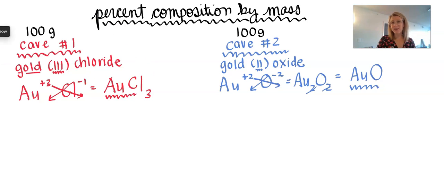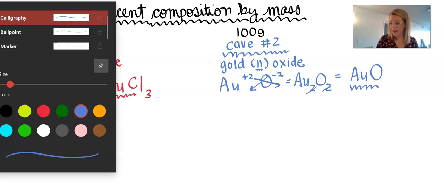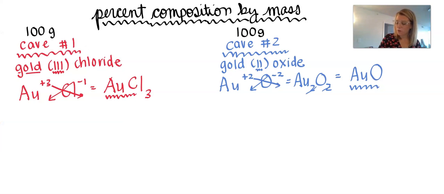But just looking at those chemical formulas isn't enough information to tell us which one of these caves contains more gold, okay? So why is this not the case? Again, it's not pure gold, and so we need to look at how much gold this is going to produce.